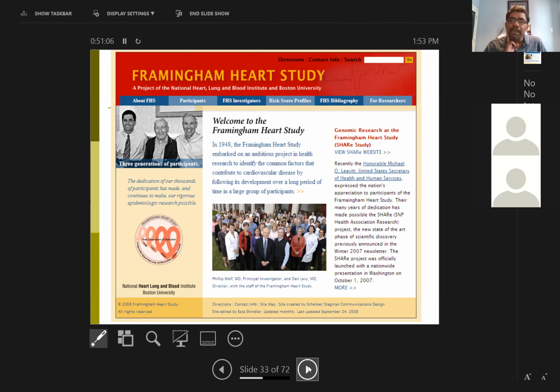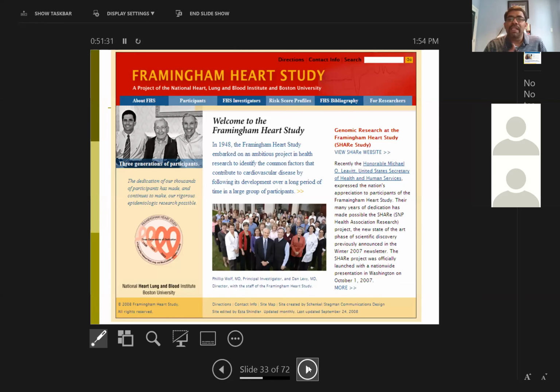Basically, they picked a small community called Framingham outside of Boston and asked, would you all participate in the study? And this was in 1948, before cholesterol was proven to be a risk factor, before so many things we know today about heart disease were established.